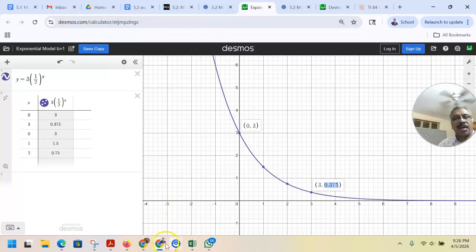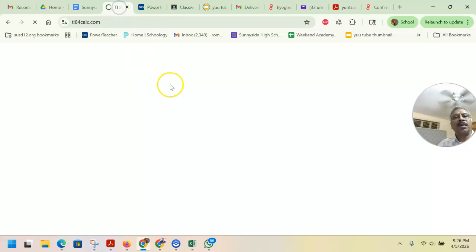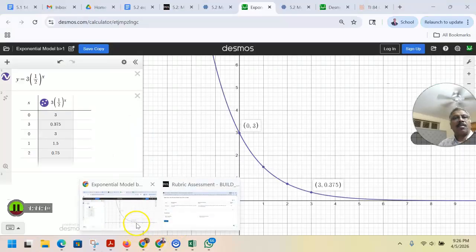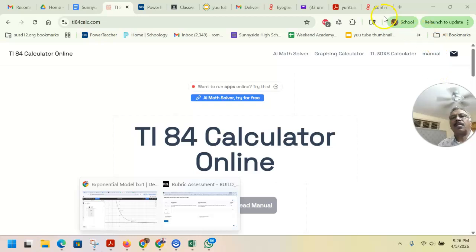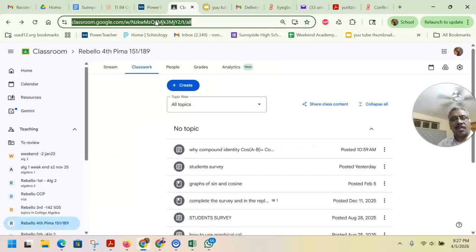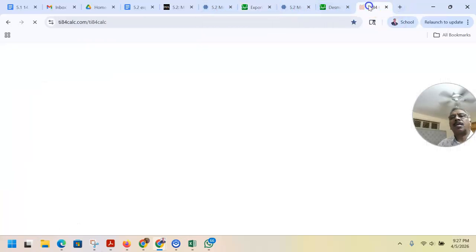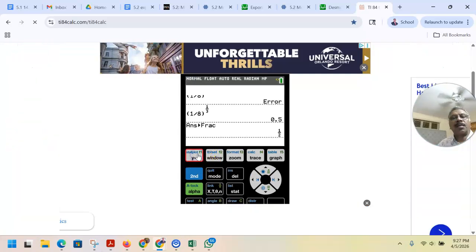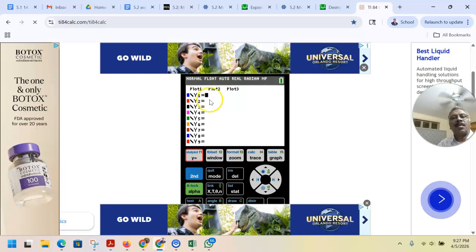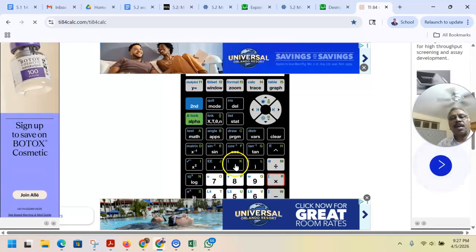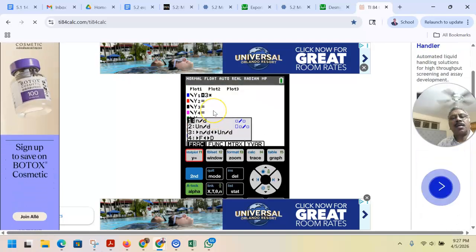But if you want to use the other calculator, click on y equals, and you can type 3 times, and then I'd better put alpha to show that it is half.